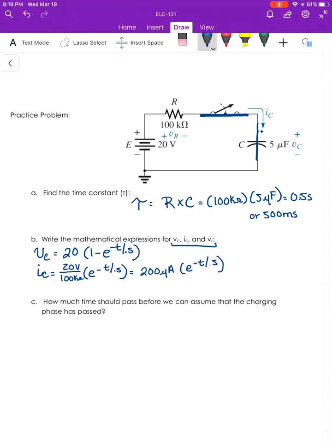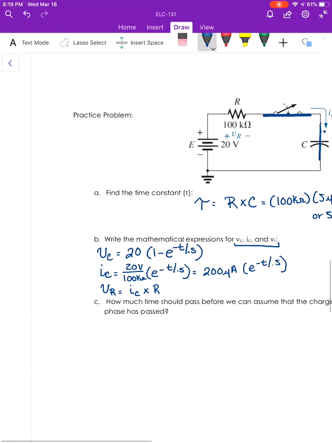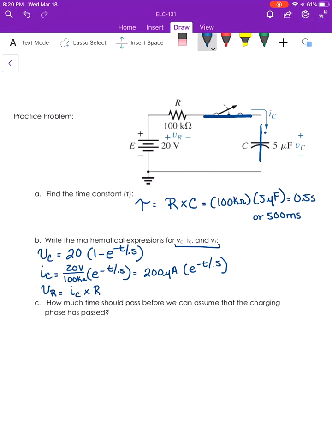And for V sub R, there's only one resistor. Remember, for VR, we could just take IC and multiply that by R, and we would get the exact same equation as for IC.